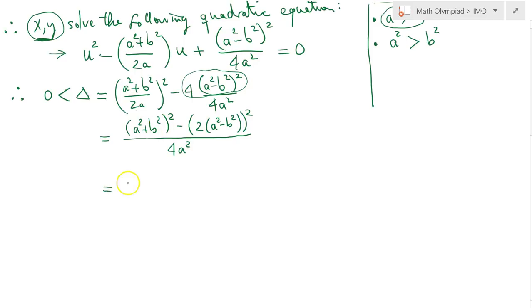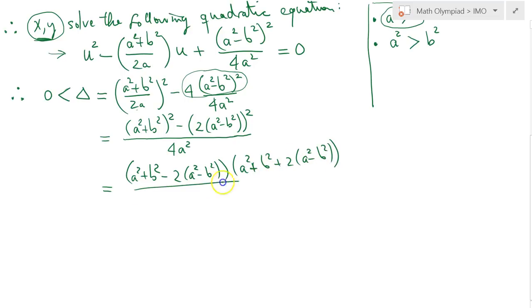So it would lead us to a² + b² − 2a² − b², or a² + b² + 2a² − b², all divided by 4a².